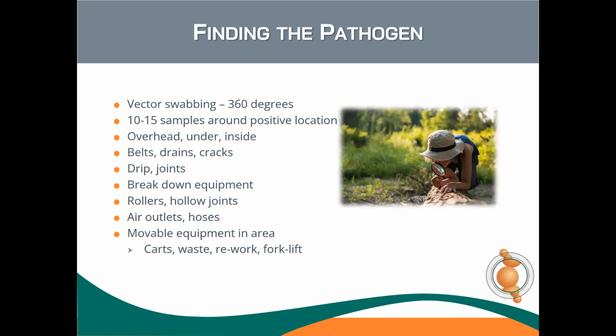Vector swabbing is used so that we don't forget to look up and above the product or below the product, where those niches and harborage sites may have developed for those pathogens you're looking for. Any drip, condensate, or airflow over product is suspect, including compressed gases. So that is one thing to always remember. Look up, grab a flashlight if you need to, look under your equipment as well. Just really go in on that investigation and look all around you.